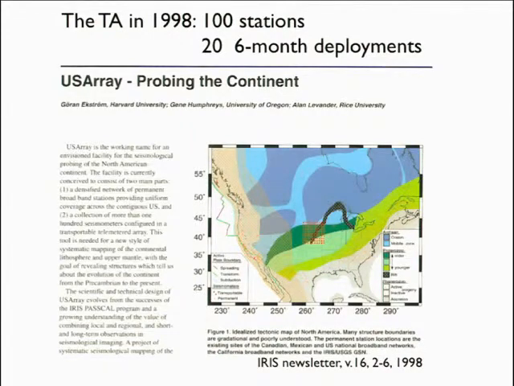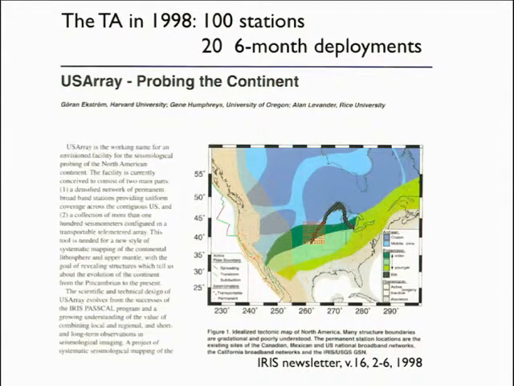I thought I would just look back a little bit to where it was. The idea of having a roving array goes back longer than 1998, but 1998 was really the year when the IRIS community gathered around this idea, and there was a workshop that resulted in various documents being written. One of them was this vision of what US Array might look like.